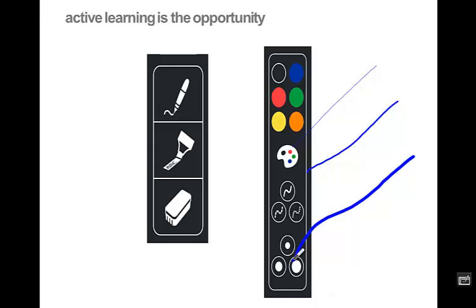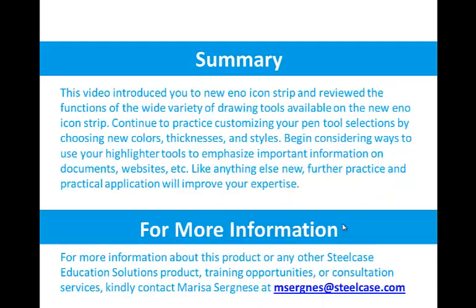So as you can see, we have discussed the pen, highlighter, and eraser options, a wide spectrum of colors, as well as style. So remember, you have that smooth, dotted, or dashed pen tools to choose from, in addition to the thickness. This video reviewed the tools of the new Eno icon strip and really focused on the drawing tools.